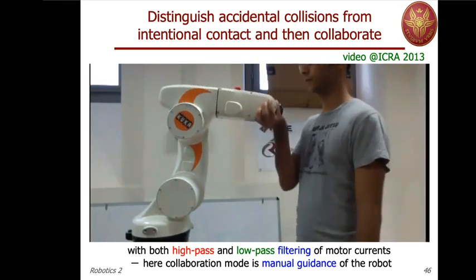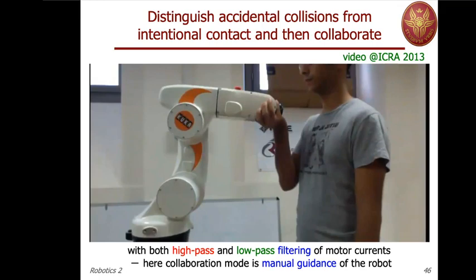We are changing the reference at the joint level, recognizing in which direction the robot is being pushed by looking at the small increment of the encoders and then commanding a velocity in that direction. So we are kind of cheating the controller and also the users, in the sense that what you see apparently seems a torque command, but it is kinematic control.